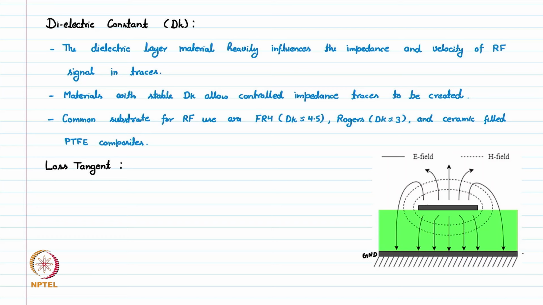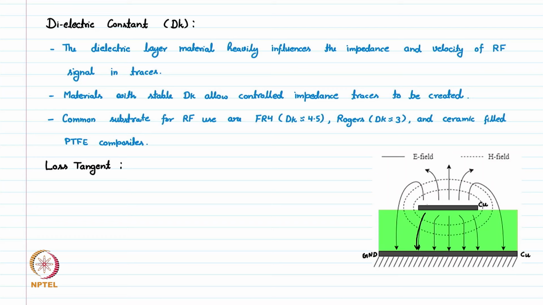This is metallic, maybe the copper or some other material. This is, let us say, copper on top, which is patterned in a microstrip line. Now, these electric field lines are originating on the top and going all the way to the bottom.